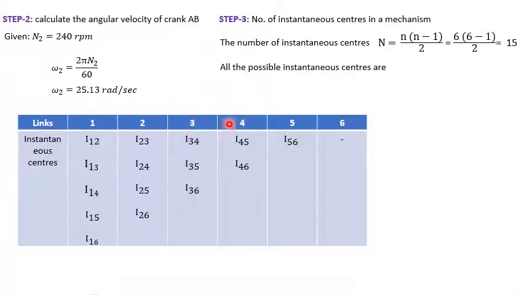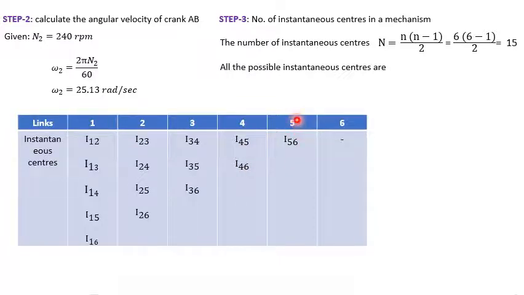Next, coming to link number 3. In the forward direction we have 3 links, therefore we have to consider the combination of all the links. So 3, 4 gives I34, 3, 5 I35, 3, 6 I36. Coming to link number 4, we have two adjacent links 5 and 6, therefore the combination 4 and 5 gives I45, 4 and 6 gives I46.